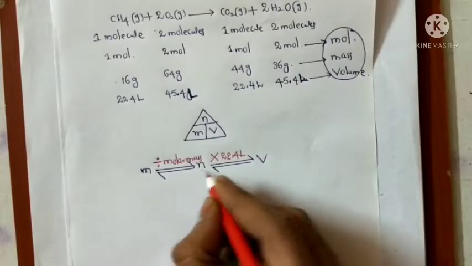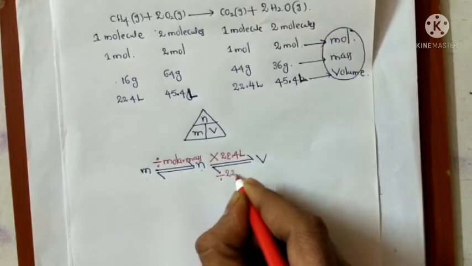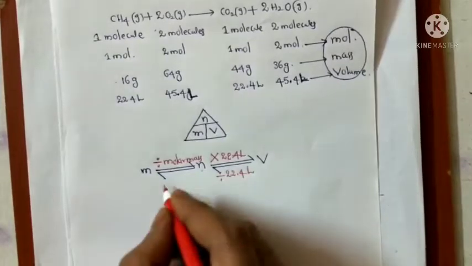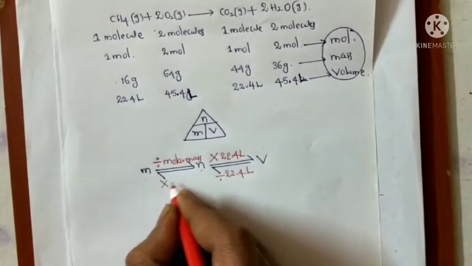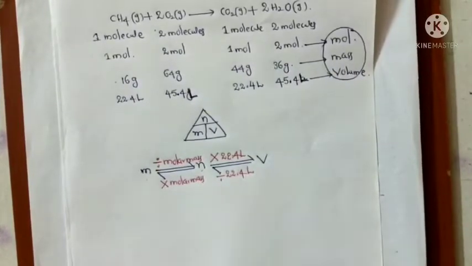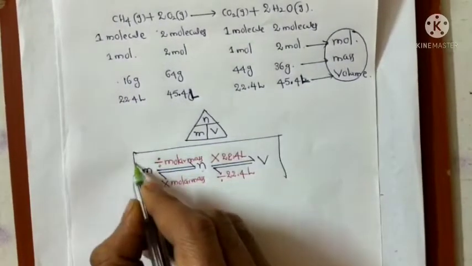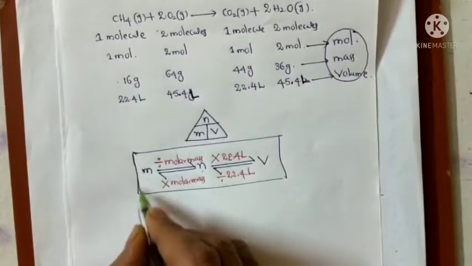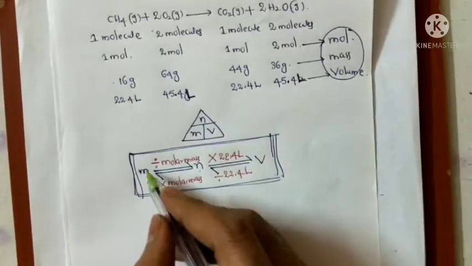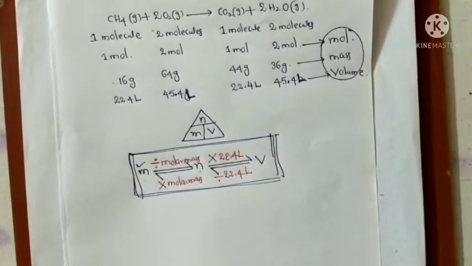Now volume is converted into number of moles by dividing by 22.4 liters. And number of moles is converted into mass by multiplying with molar mass. So this is the easy chart. You remember that, and from this we can easily convert from one parameter to another. M is mass, N is the number of moles, V is the volume occupied by the gas.